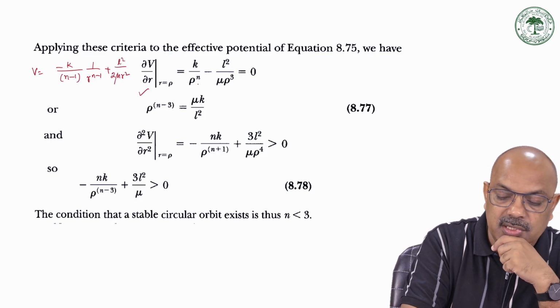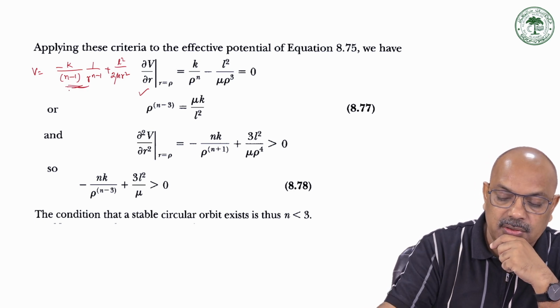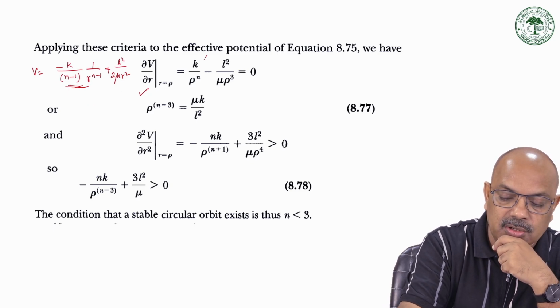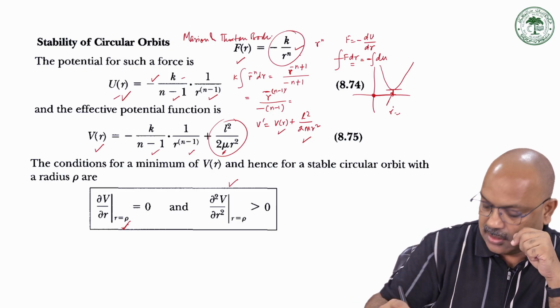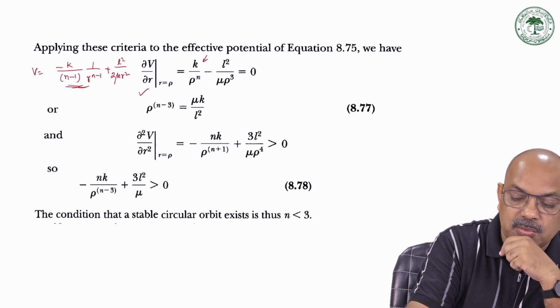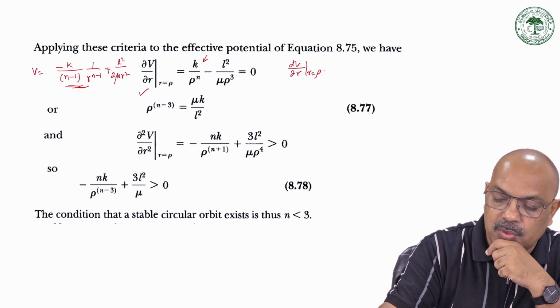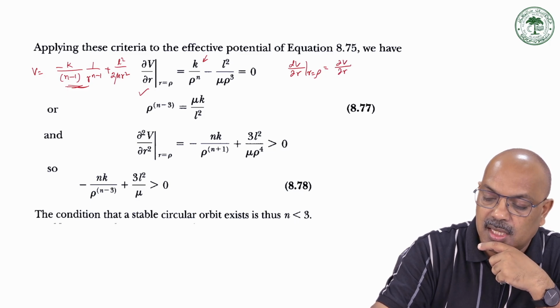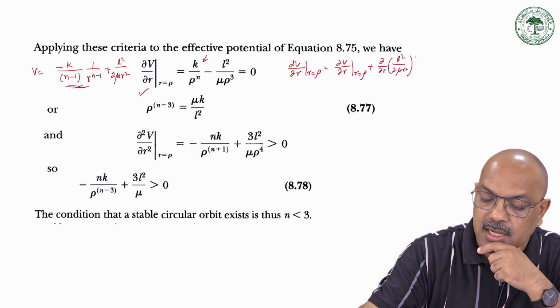So if you differentiate it, dV by dr, what you're going to get is the force. Your force is minus k by r to the n. So dV by dr at r equal to rho is del V by del r at r equal to rho, plus del by del r of L squared upon twice mu r squared at r equal to rho.